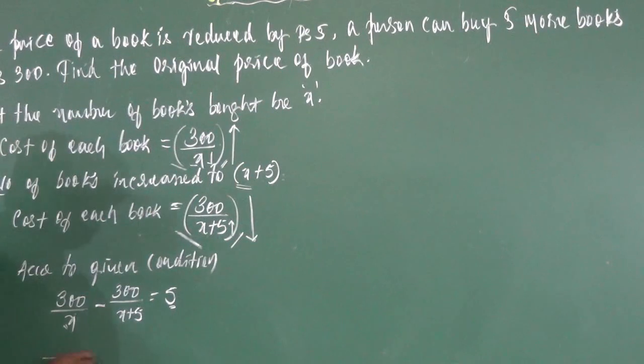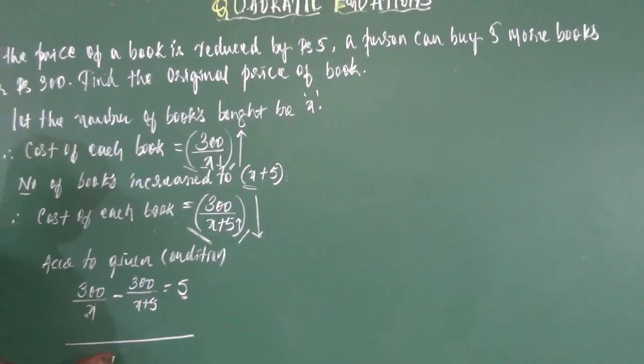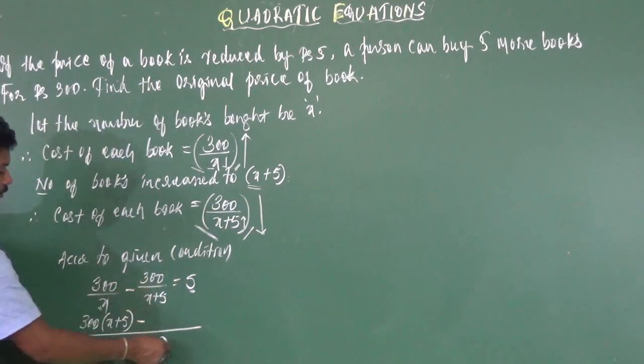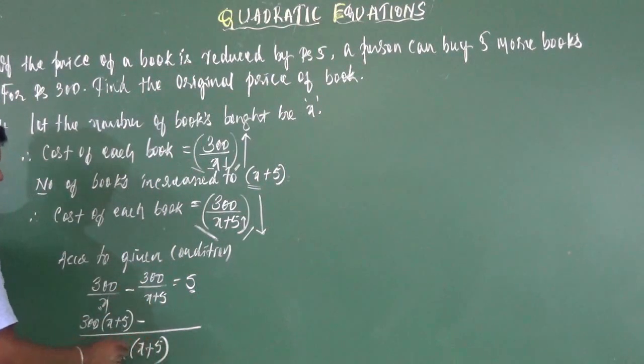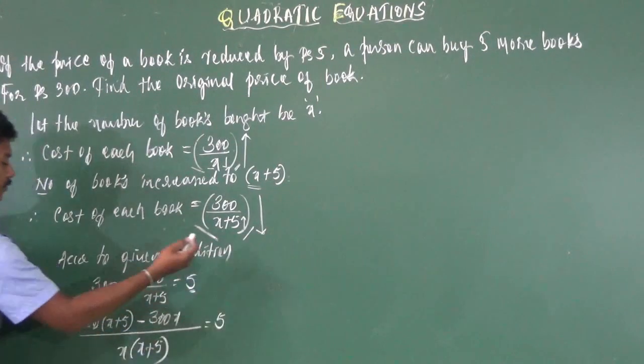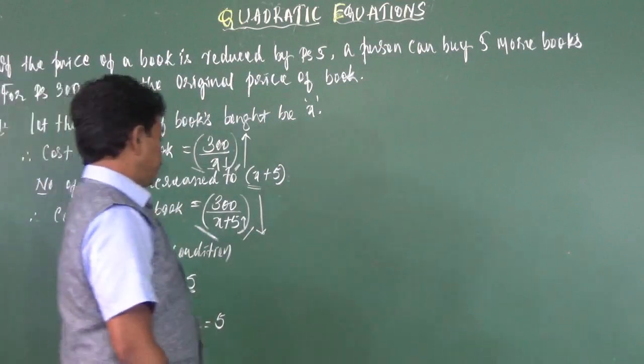So x into x plus 5 will be the LCM. Here 300 by x into this is x, and x cancels. So 300 into x plus 5 minus 300 by x plus 5 into this, so x plus 5 cancels, x into 300, that becomes 300x, is equal to 5. Okay, we will multiply this.